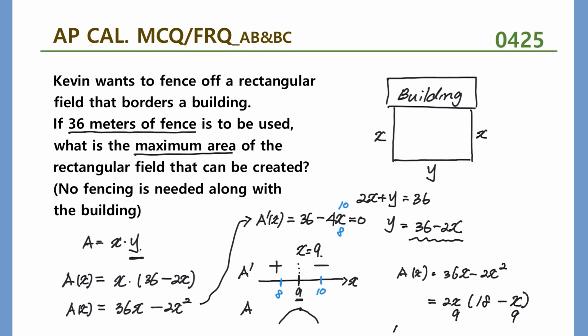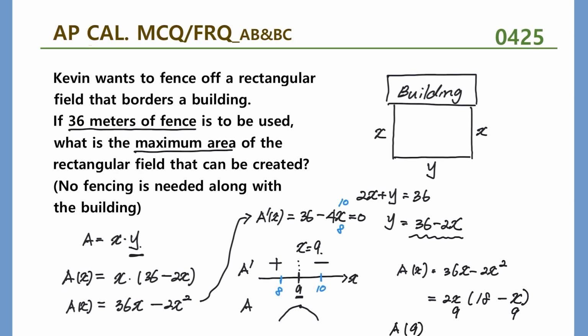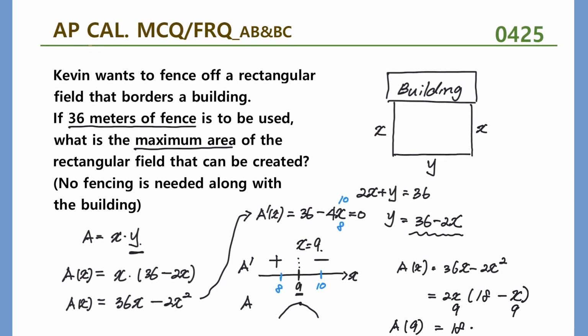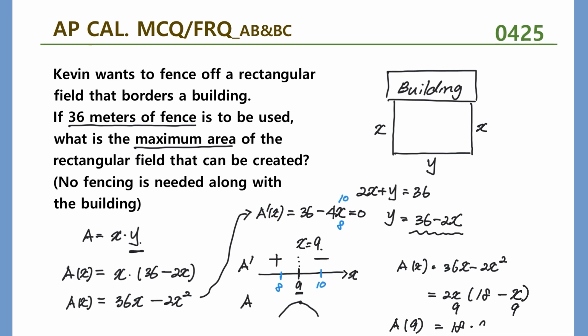That's 18 times 18 minus 9, which is 9. Use your calculator, and that's equal to 162. So the maximum area of this rectangle with 36 meters of fence is 162.